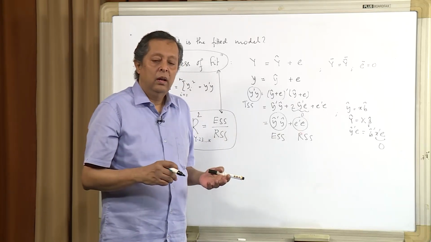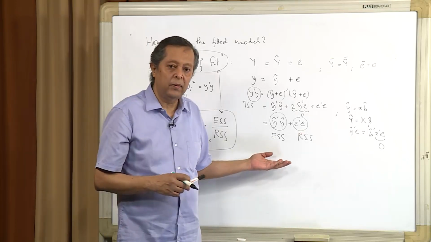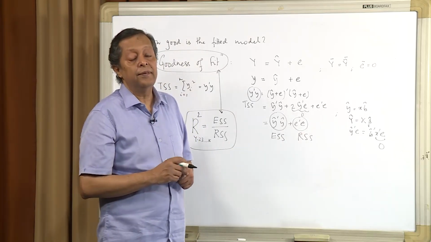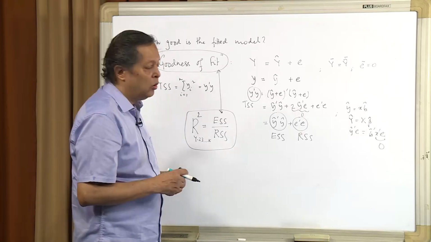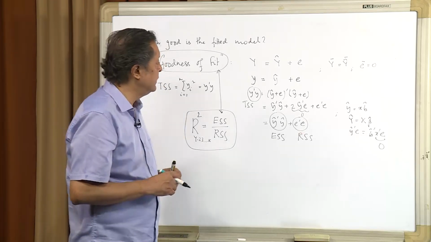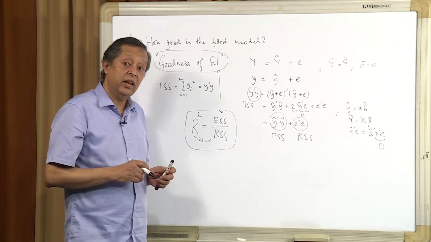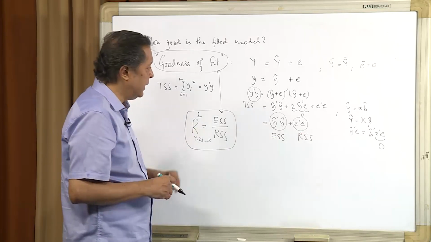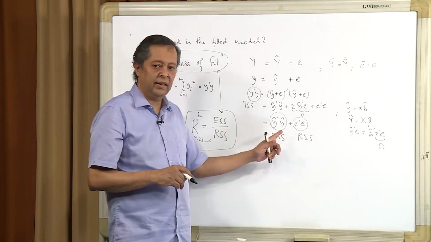So, one would be able to get a very high explained sum of squares by simply adding the number of explanatory variables, even if such variables are not always relevant. So, to put a check on that, there is a related concept called adjusted R square. We come to adjusted R square, but before that let us once again write the relation between TSS, ESS and RSS.